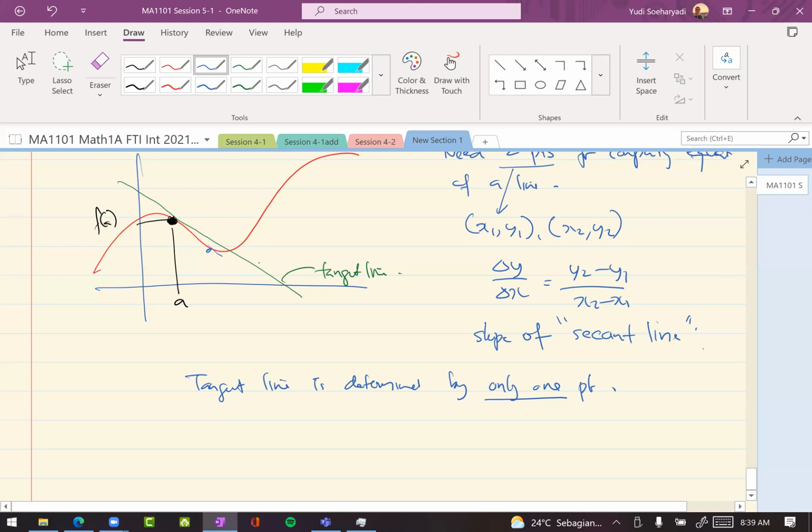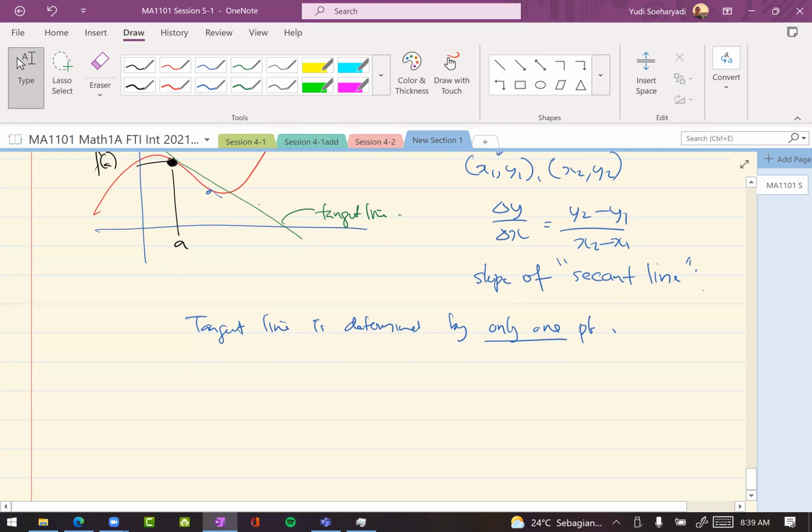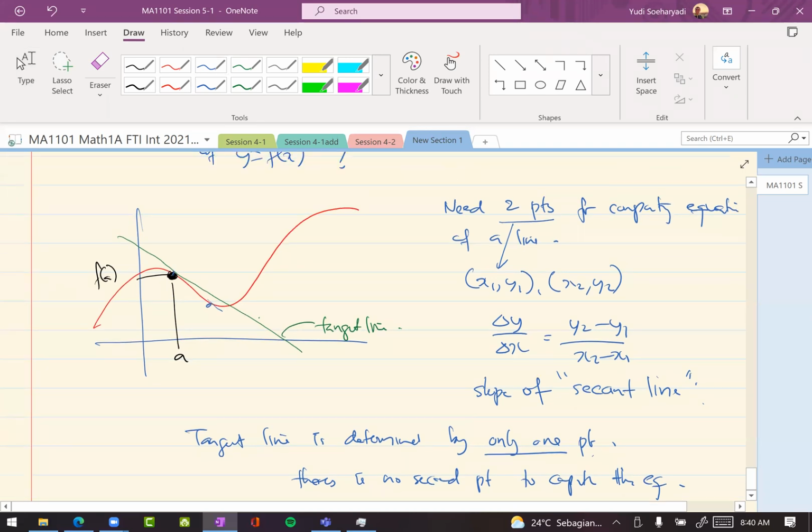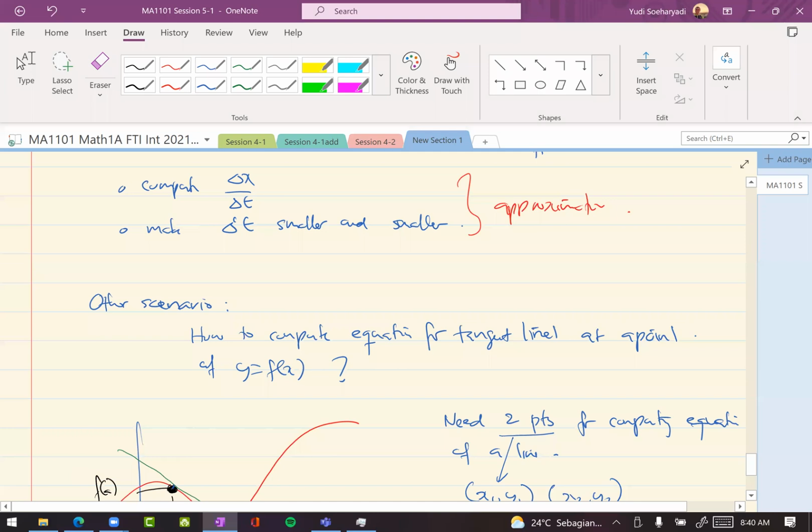There is no second point to determine the equations, so that's a problem. You only have one point. It's like one instant, like in the instantaneous speed.